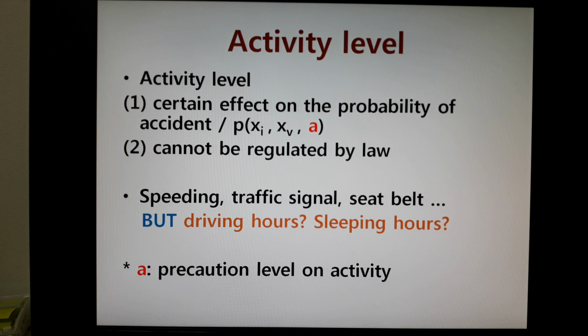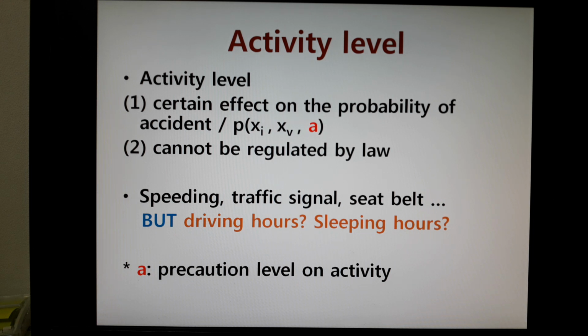However, when the precaution became bilateral, which means it's not only the injurer but also the victim who should be careful in order to reduce the probability of accident, then strict liability cannot make it efficient. On the other hand, negligence can.